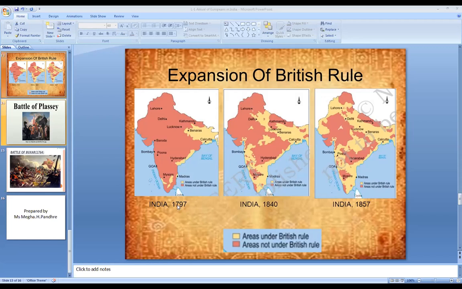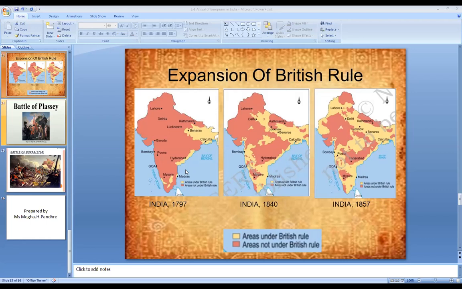On page number 4 of your textbook they have given us the image, but in that they have mentioned the date 1757. But here, you can see the map of 1797. In this map of India, you can make out that earlier they were limited to a smaller part of India.